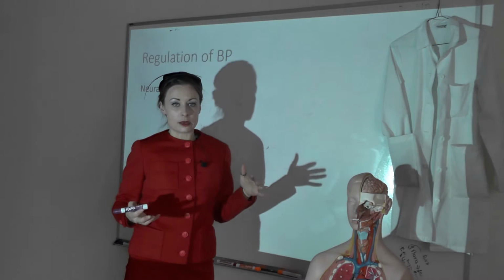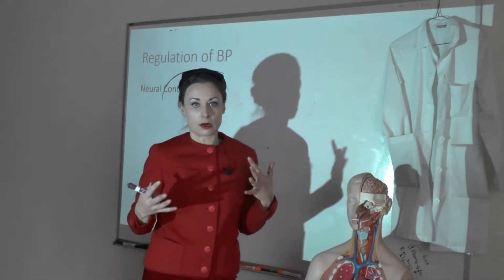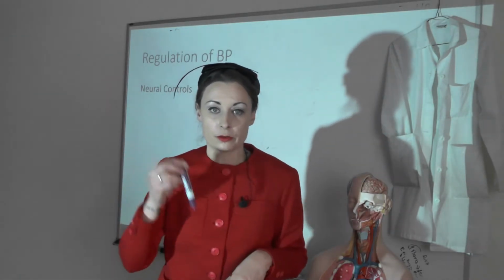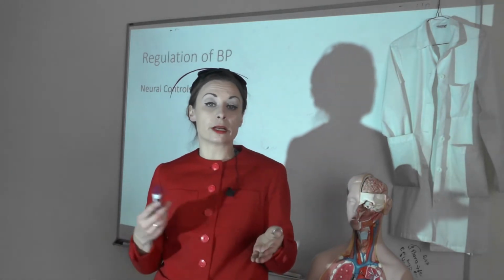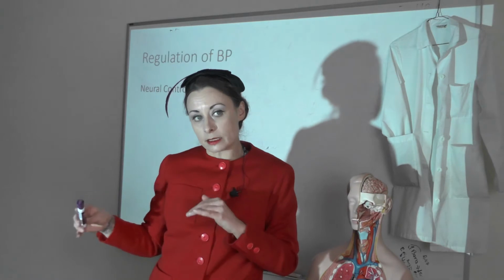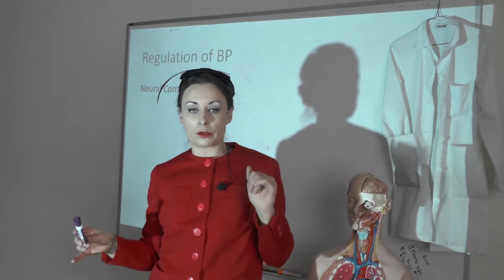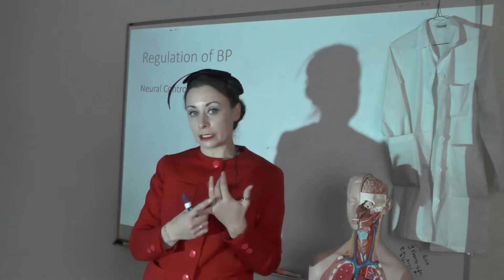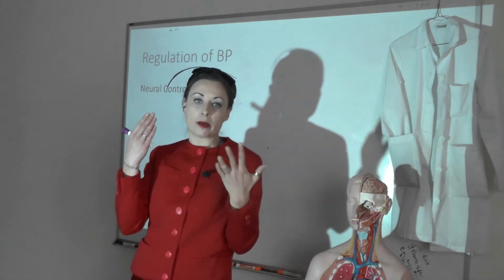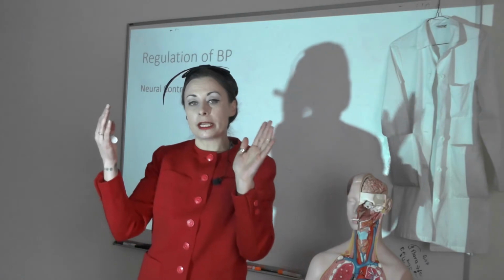The endocrine system is going to release a whole lot of hormones that are involved when your blood pressure drops, and how it's going to help increase blood pressure is through increasing blood volume. That takes a little bit longer than our neural controls do. Our neural controls are going to be using a sensory receptor to tell some sensory neuron about a change in stretch.